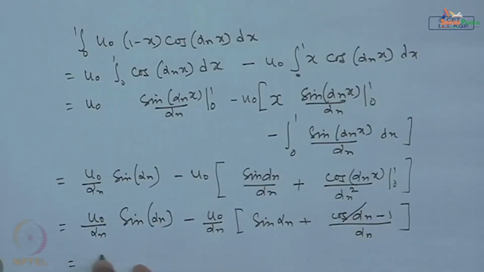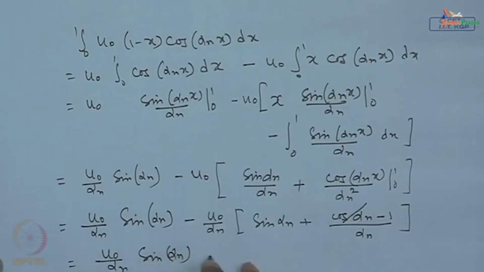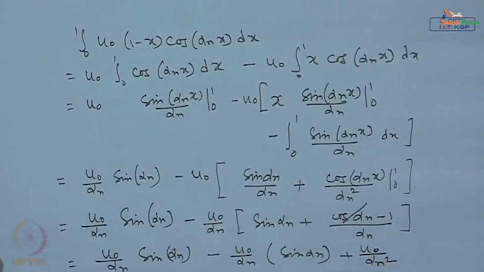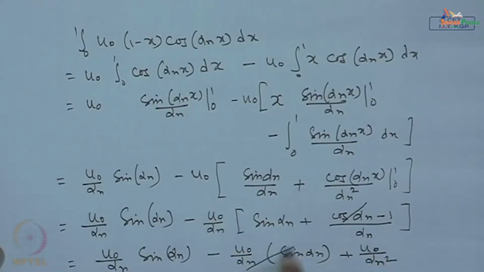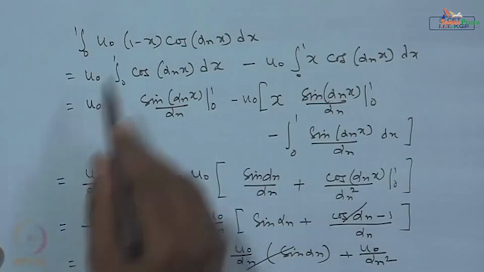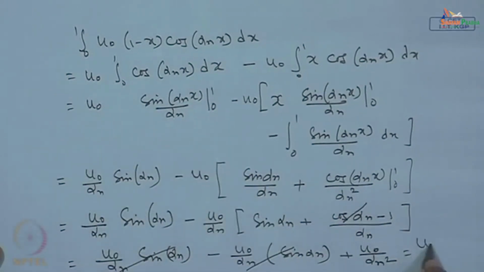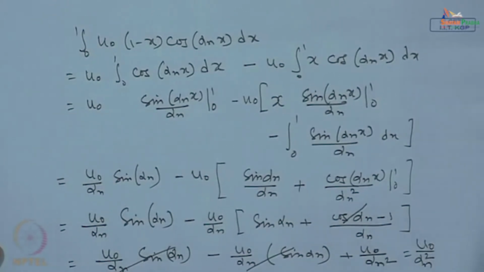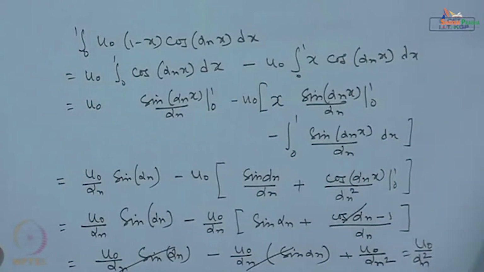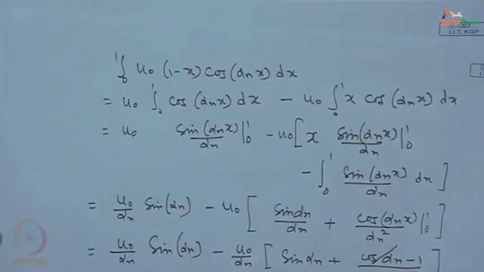So, what we will be having is u_0 by alpha_n sin alpha_n minus u_0 by alpha_n sin alpha_n, minus plus u_0 by alpha_n square. Again, the sine terms will cancel out. So, this integral is nothing but u_0 by alpha_n square. So, if we write down the complete solution, it takes this form.